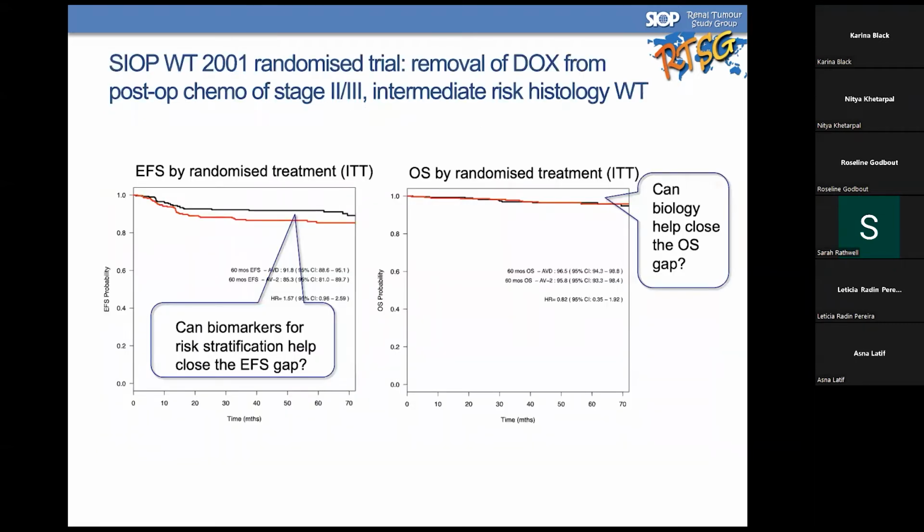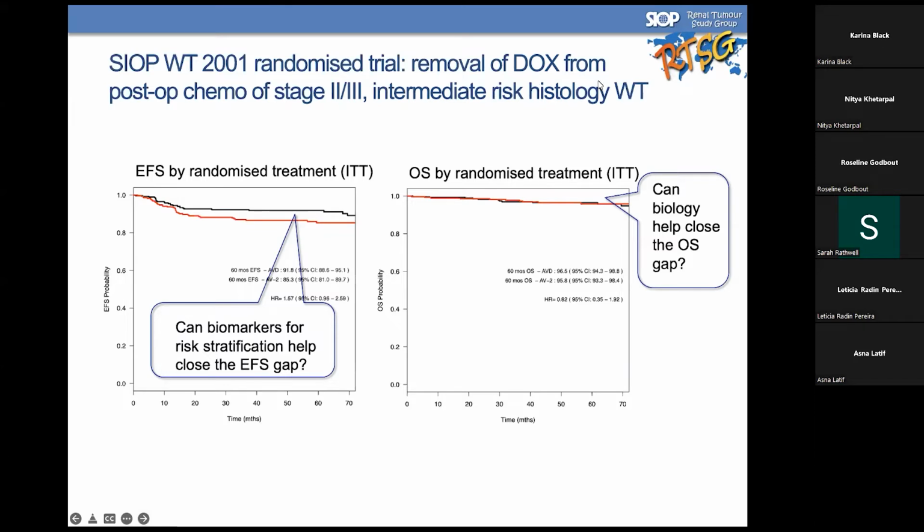And there's another question. In our last nephroblastoma trial, we randomized one drug, namely doxorubicin, which causes late effects to the heart, asking if this drug is really necessary in patients with stage 2 and 3 and a specific intermediate-risk histology.